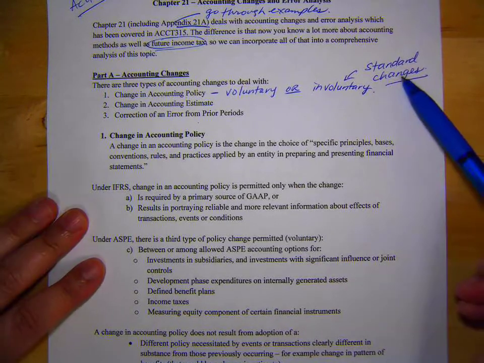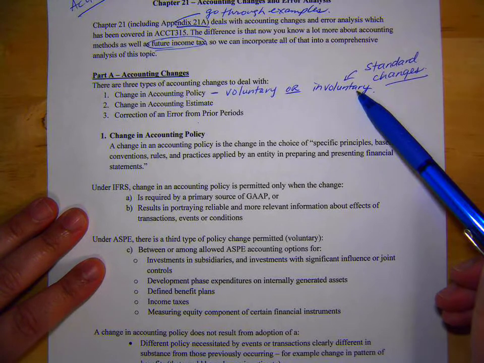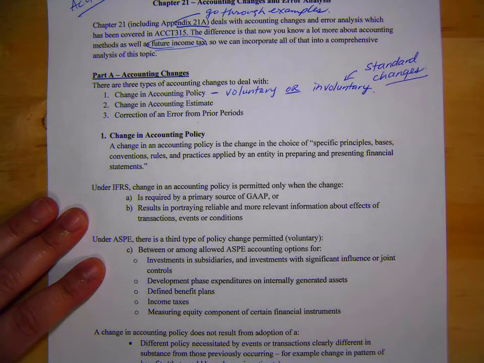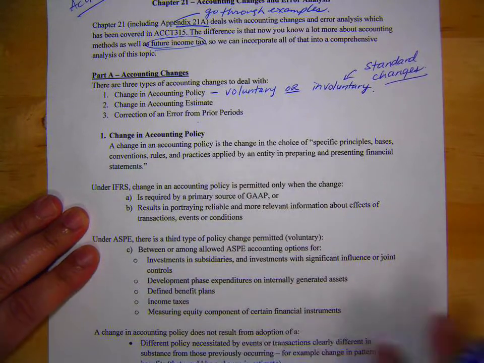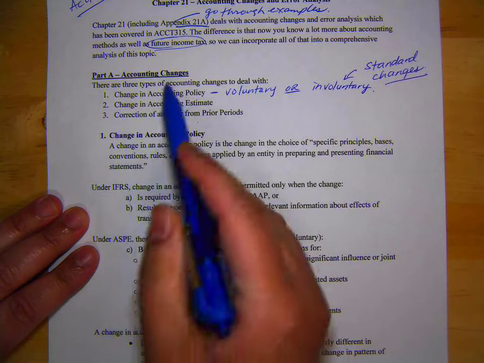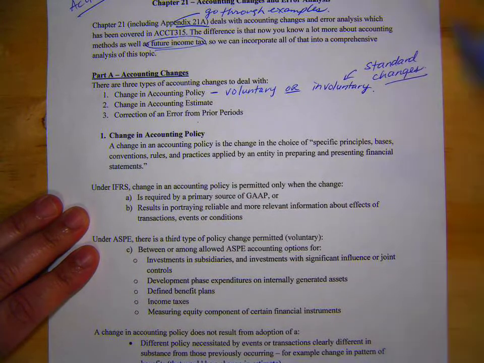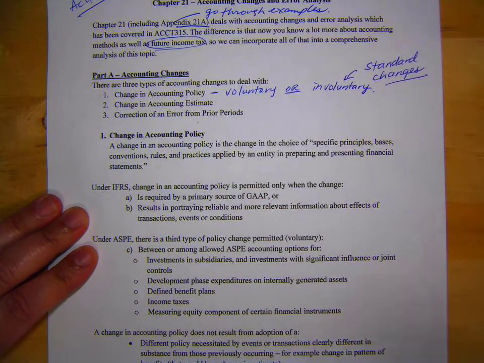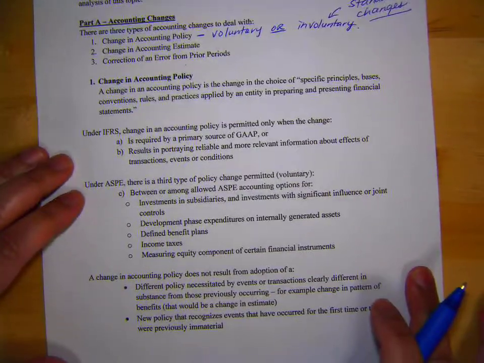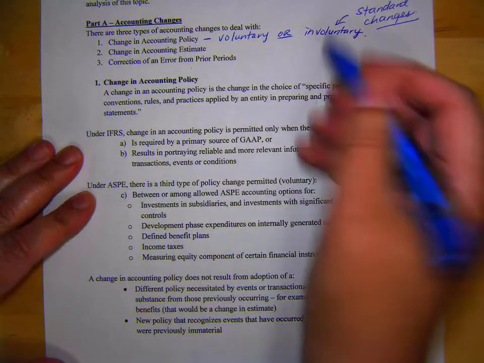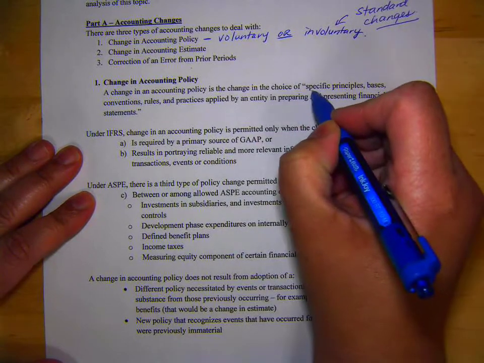So first what we'll do is give you just an overview of what a change in accounting policy is, and what all these three things are, how to deal with them, what retrospective and prospective mean, and then we'll start going through some examples. So a change in accounting policy is the change in the choice of specific principles, bases, conventions, rules, and practices applied by an entity in preparing and presenting financial statements.